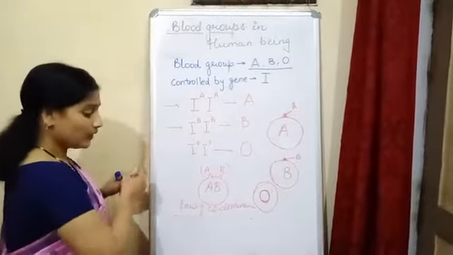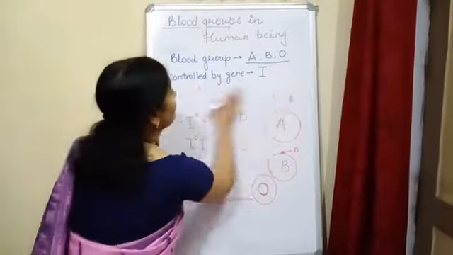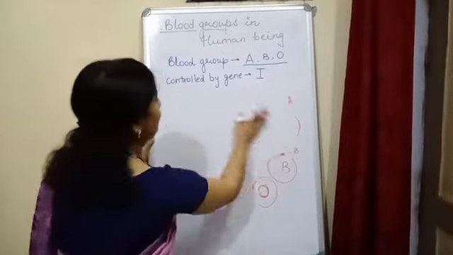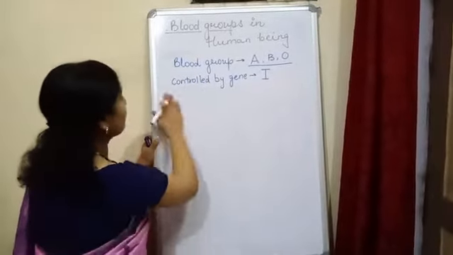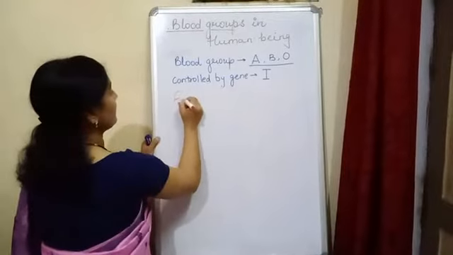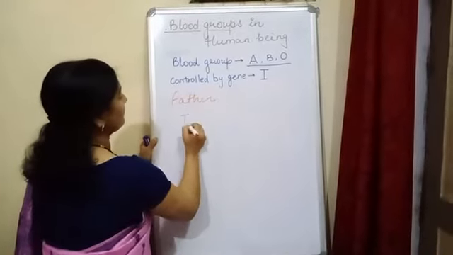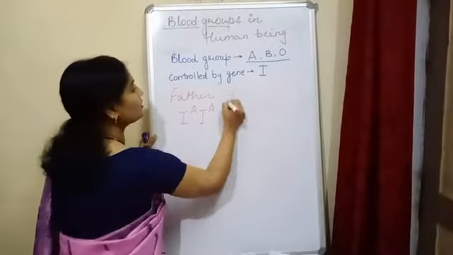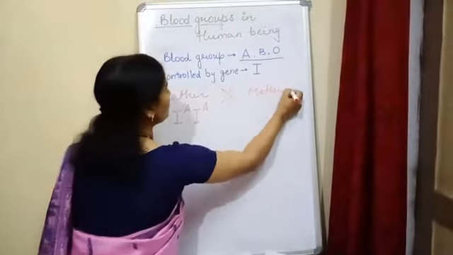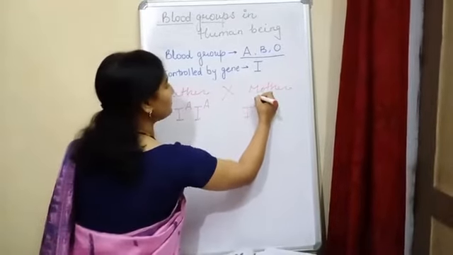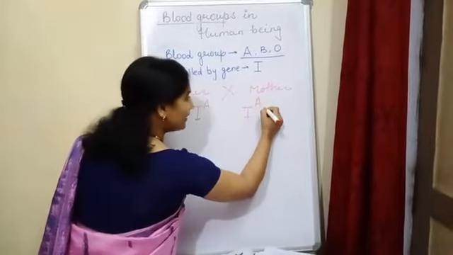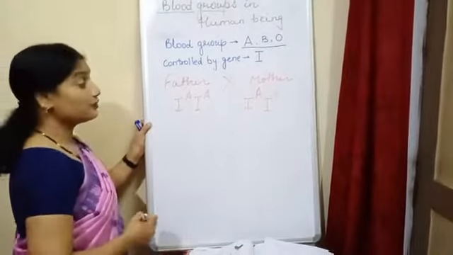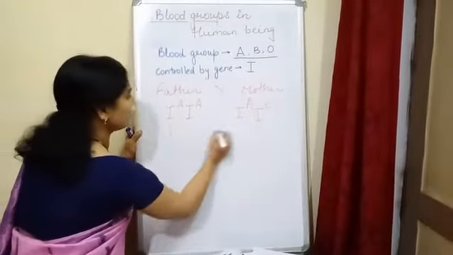Now see, we can take one example in this case. Suppose a father has blood group A, crossed with a mother of blood group A. Then what will be the blood group of the progeny? Very easy.